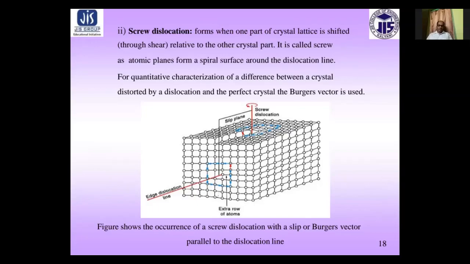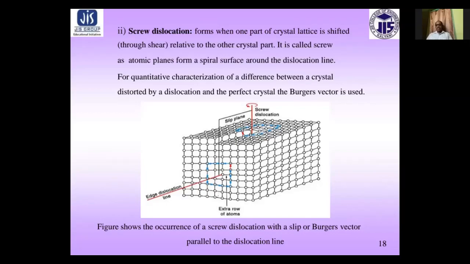The number of dislocations is expressed by the dislocation density, which is the total length of dislocation per unit volume, measured in centimeter per cubic centimeter, or the number of dislocations intersecting a unit cross-sectional area, that is lines per square centimeter.